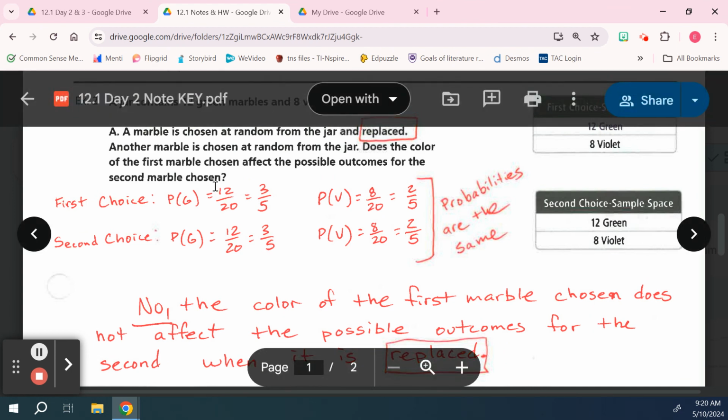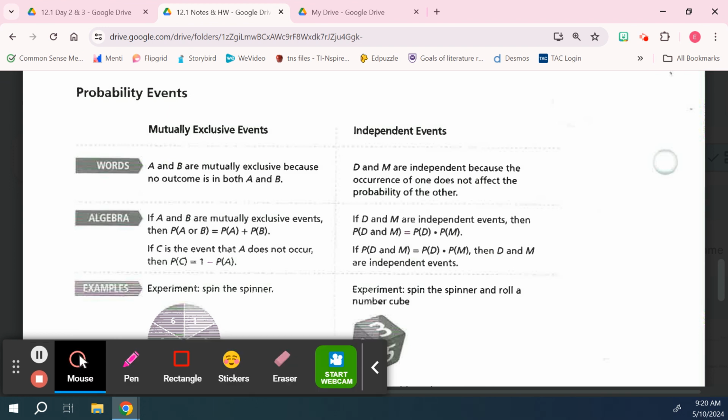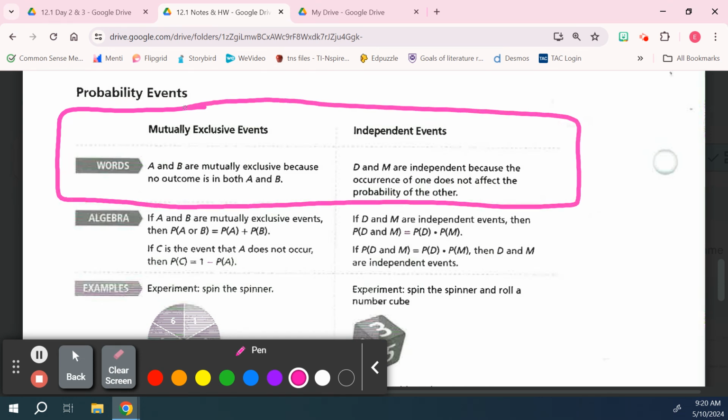Okay. All right, let's just take a look at this backside here. So the biggest part that I want you guys to kind of keep in mind with this is the wording. That's kind of the biggest deal here. Not that the algebra and the examples aren't important, it's just the wording usually helps with stuff like this. If we're talking about mutually exclusive events, they're saying A and B are mutually exclusive because no outcome is both A and B. So one thing you're going to want to note here is that this shares a Venn diagram. And that's so we can find those commonalities, if they exist.